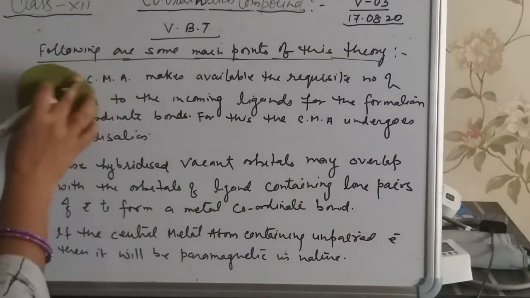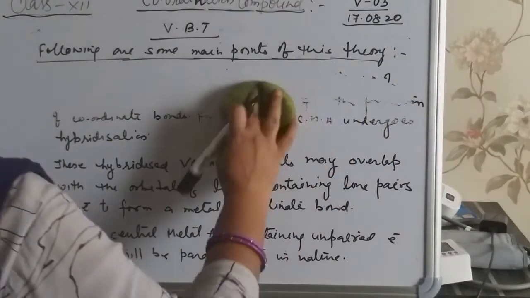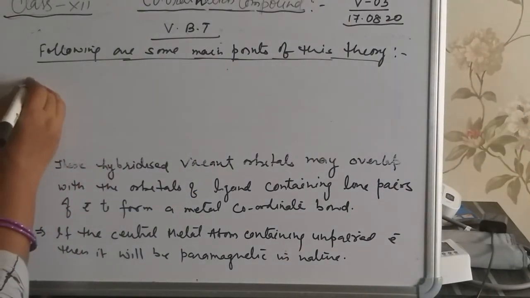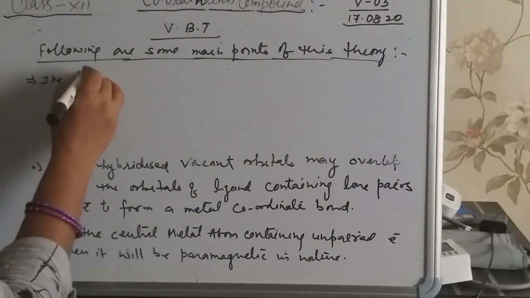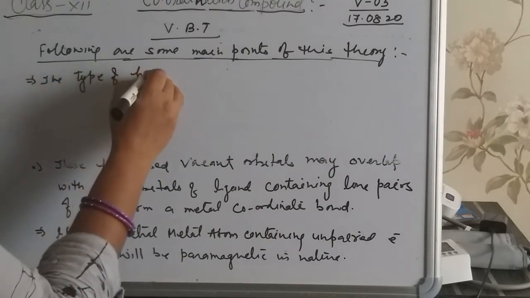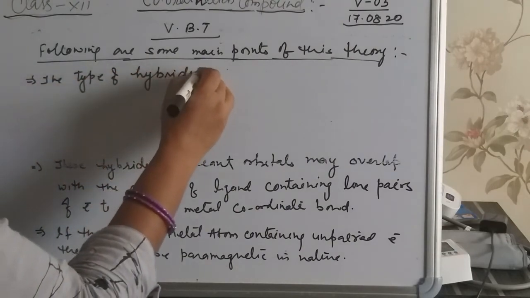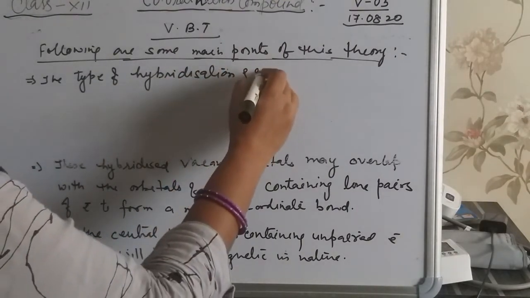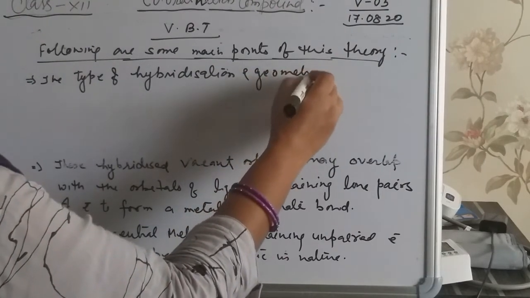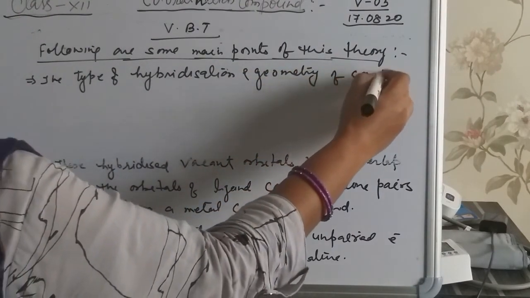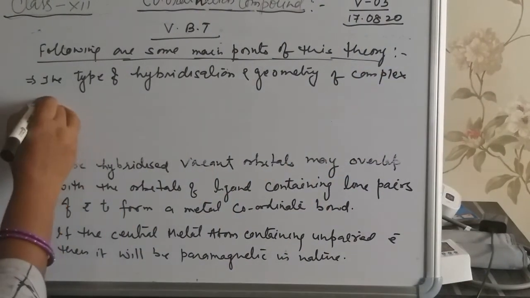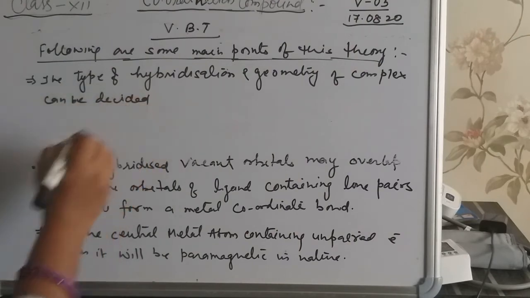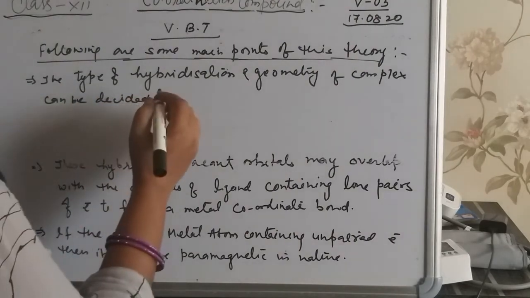The next one is, the type of hybridization and geometry of the complex can be decided on the basis of its coordination number.